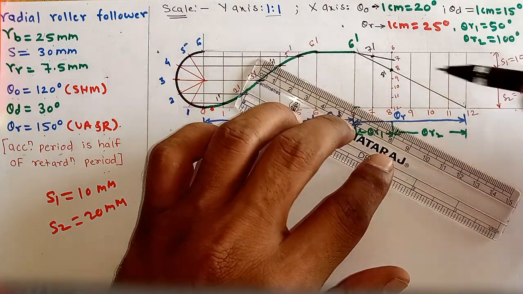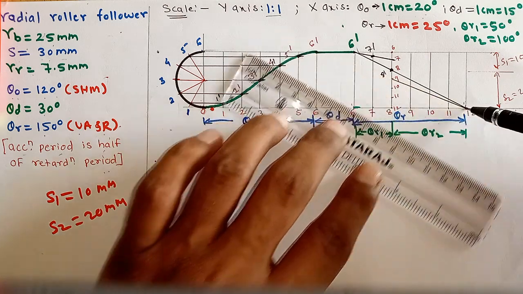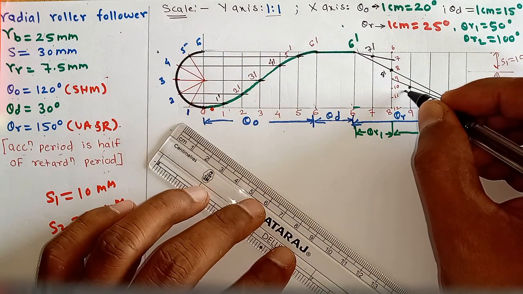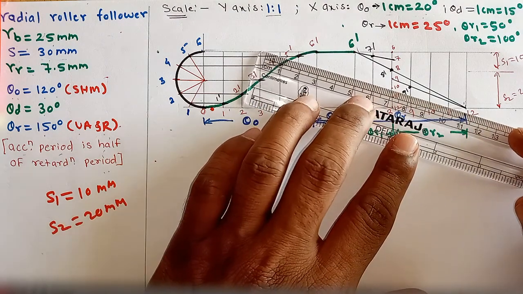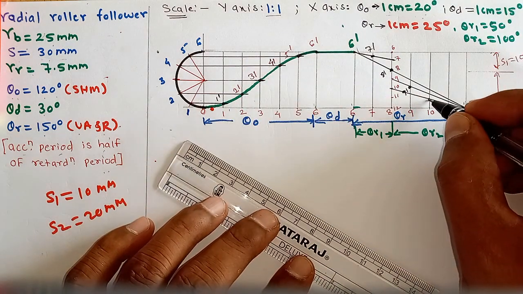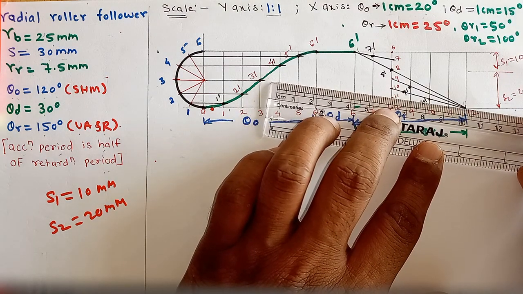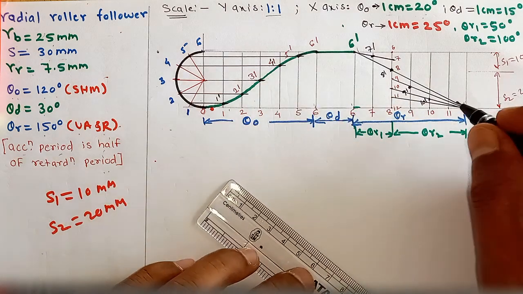Now this is the end of acceleration period. Now retardation period from this corner. Line number 9 will intersect 9 at 9 dash, 10 will intersect 10 at 10 dash, and line number 11 will intersect 11 at 11 dash.